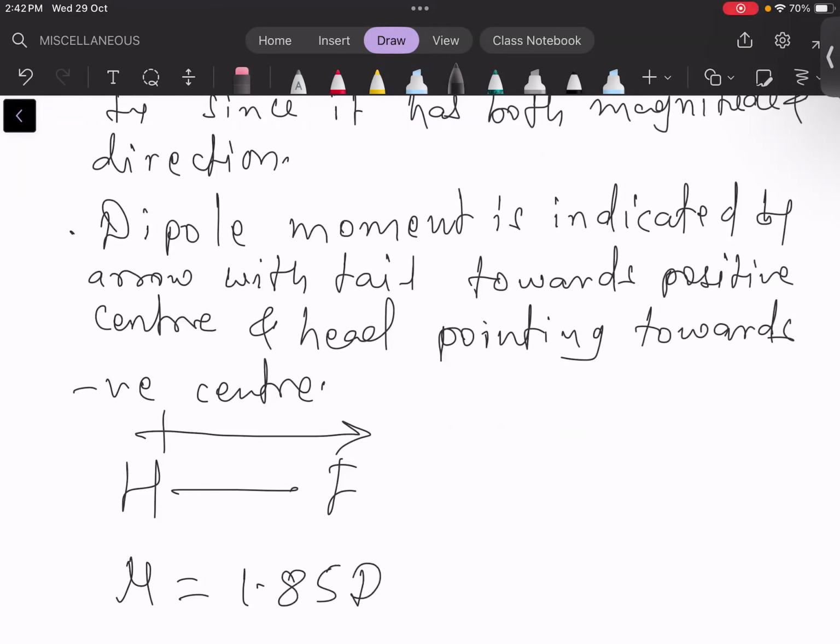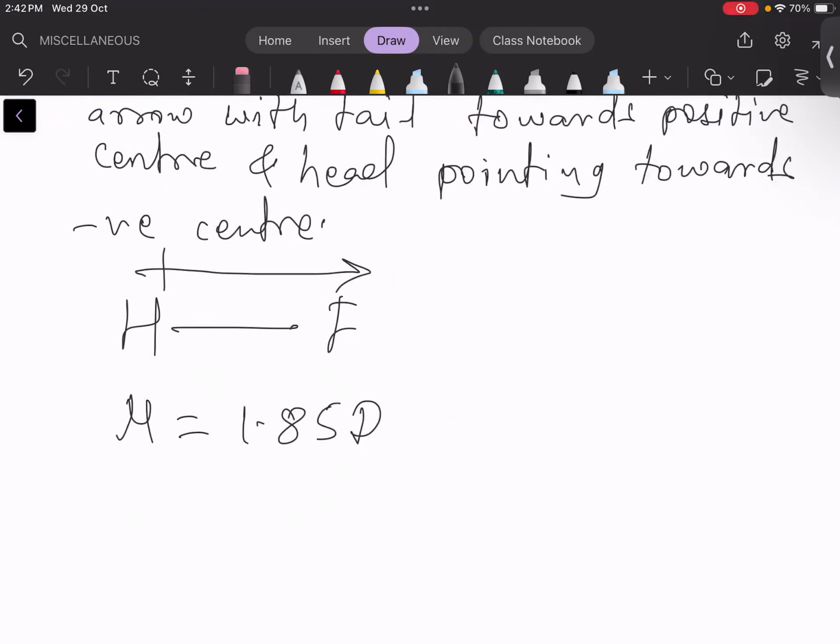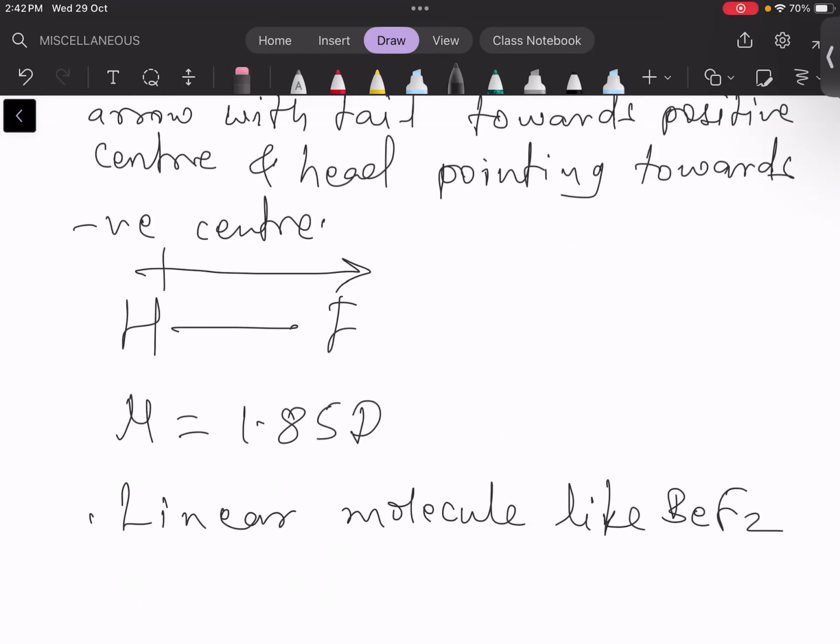When the two joining atoms have the same electronegativity, dipole moment does not exist. Okay, then linear molecules like beryllium fluoride or CO2 have zero dipole moment.